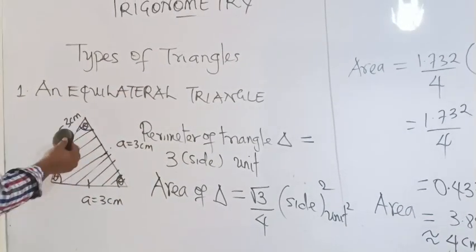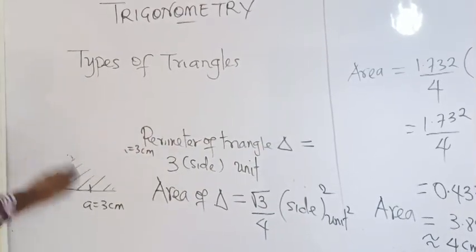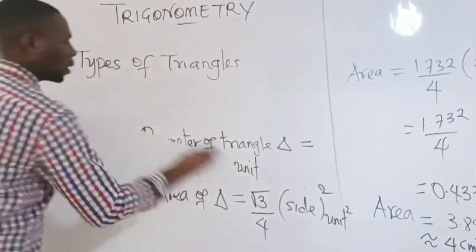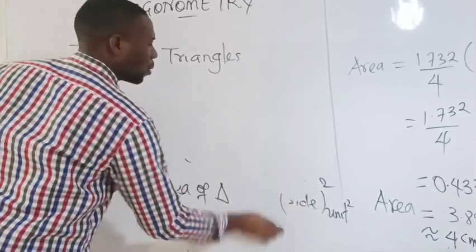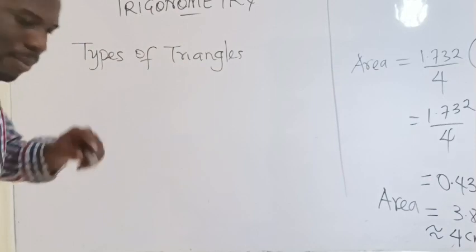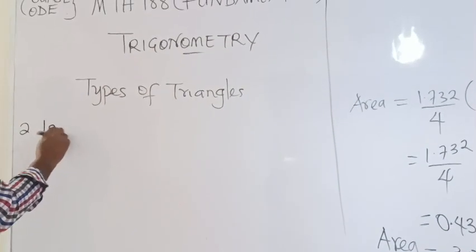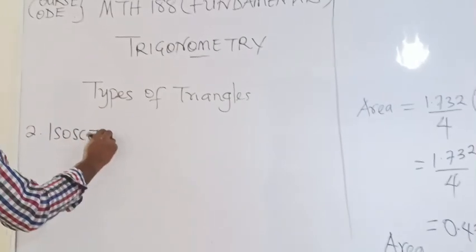So let's talk about a few other types of triangles. I'll talk about the isosceles triangle. That's the triangle whose 2 sides and adjacent angles are equal. So number 2 is the isosceles triangle.